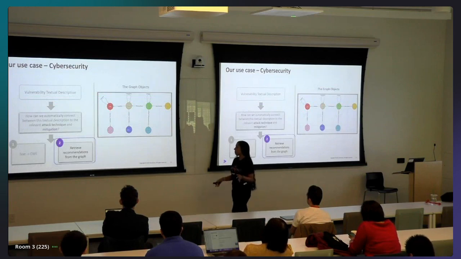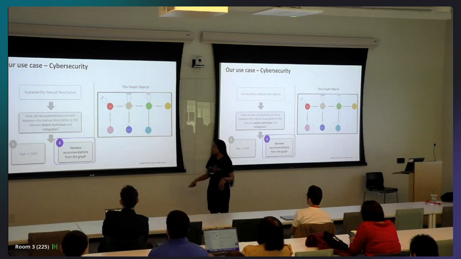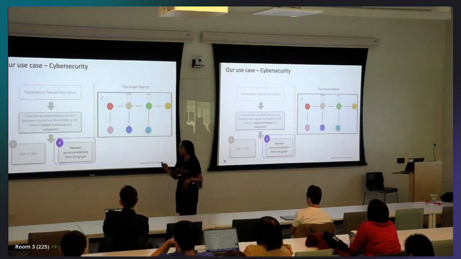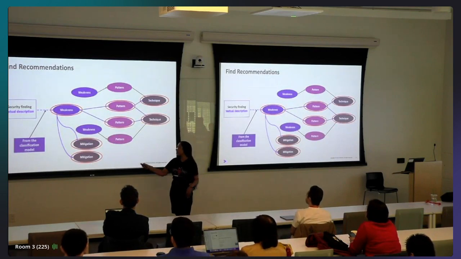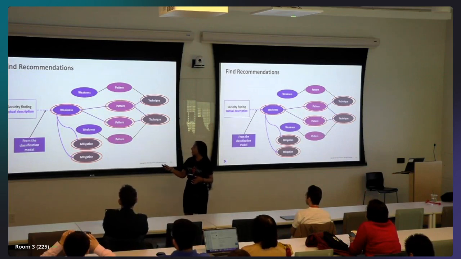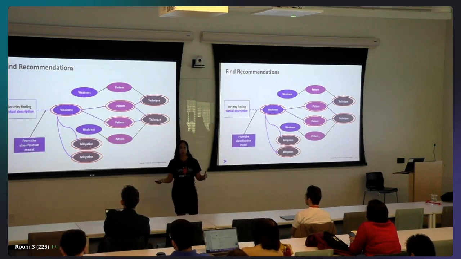Now we can go to the second part of our approach. The second part is retrieving the relevant information from the graph. So we took our finding description, and we now have the right weakness, which is a node in the graph, and we have a gate to the graph.